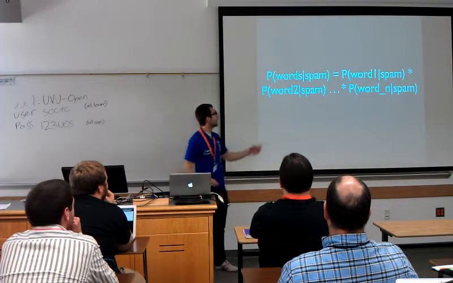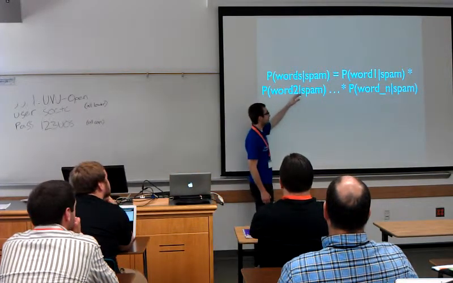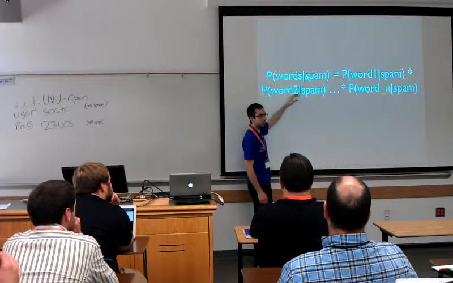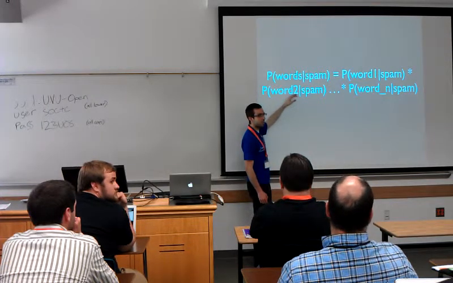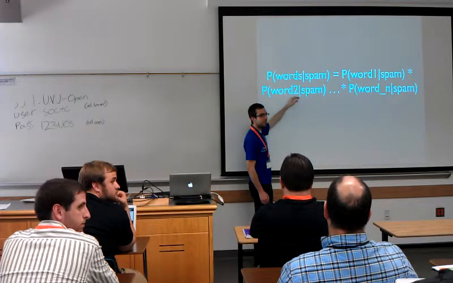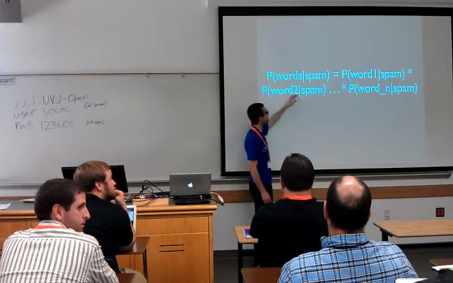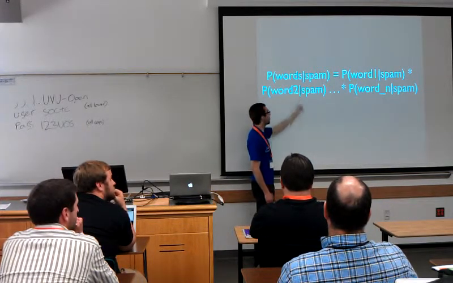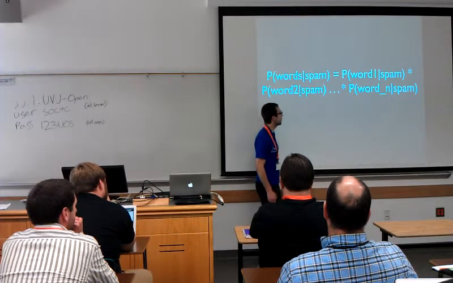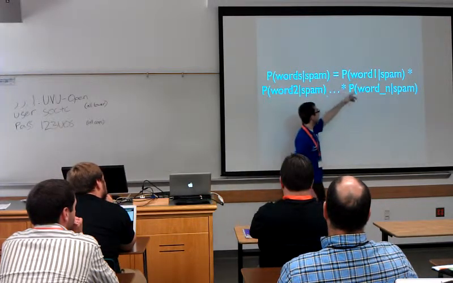So the probability of these words occurring given spam. This is the chain rule? What is the rule called that lets you... No, it's just independence. Right? Just independence? Okay, yeah, just the definition of independent probabilities. It lets you split it up on all the words.